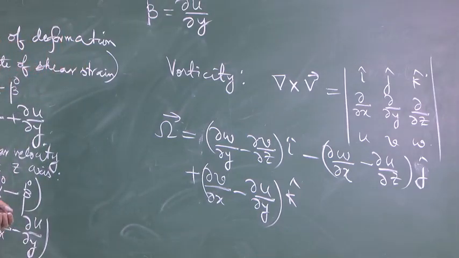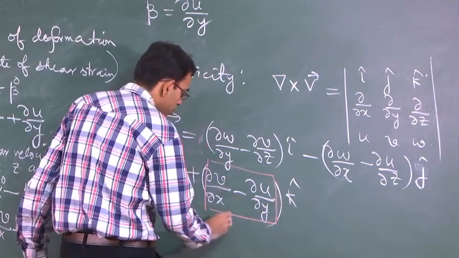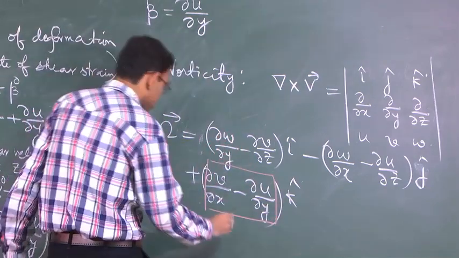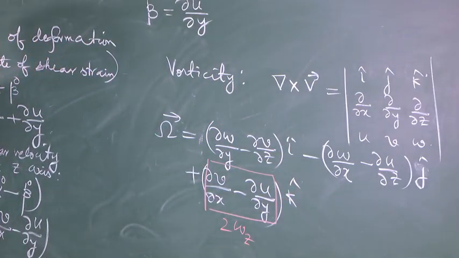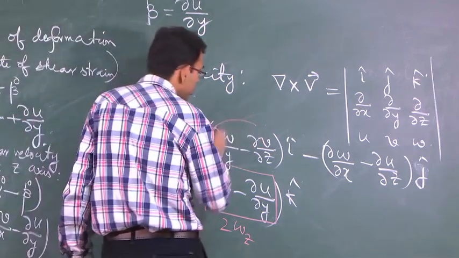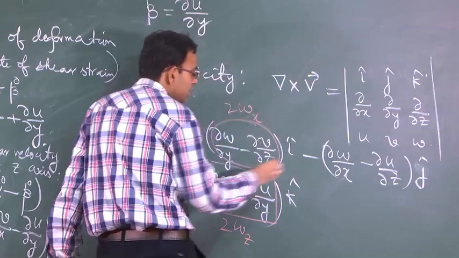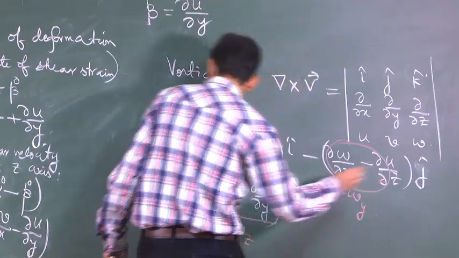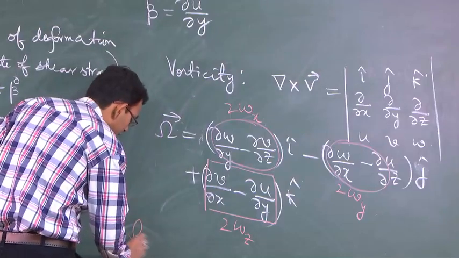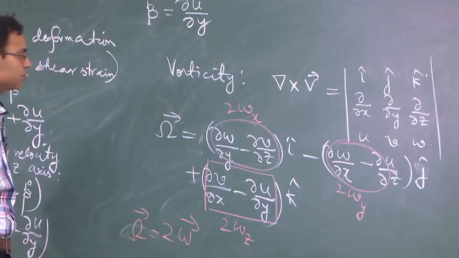so very interestingly you see that this is physically 2 into the angular velocity with respect to the z axis. Similarly, this is 2 into angular velocity with respect to x axis, and this is 2 into angular velocity with respect to y axis. So, the vorticity vector is physically twice the angular velocity vector.